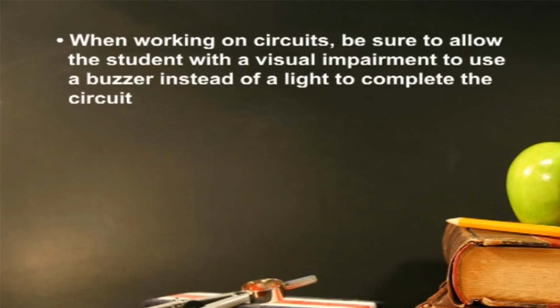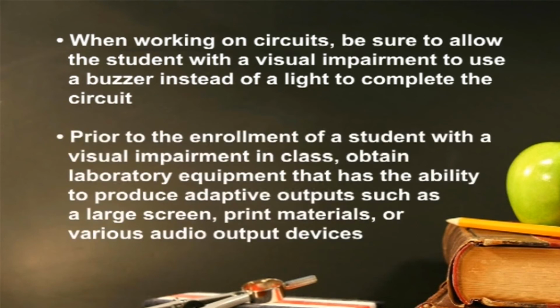When working on circuits, be sure to allow the student with a visual impairment to use a buzzer instead of a light to complete the circuit. Prior to the enrollment of a student with a visual impairment in class, obtain laboratory equipment that has the ability to produce adaptive outputs such as a large screen, print materials or various audio output devices.